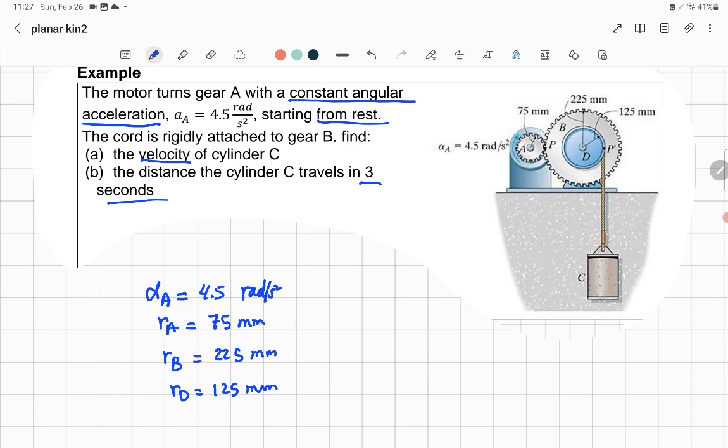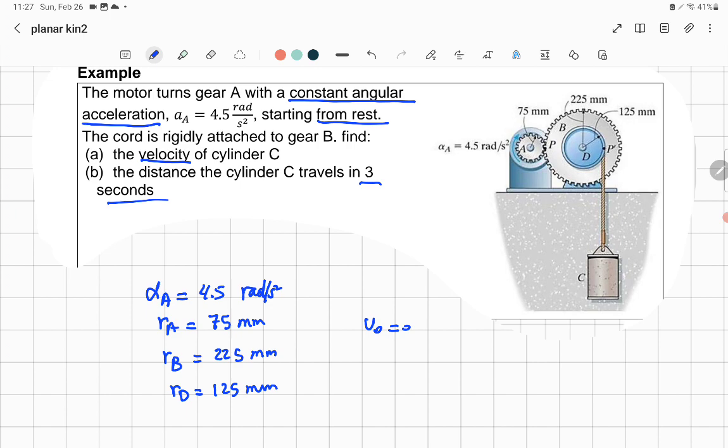And also it said start from rest. We got to remember this condition, which means that the velocity was 0 in the beginning, obviously. All right. So I think we did everything given here.